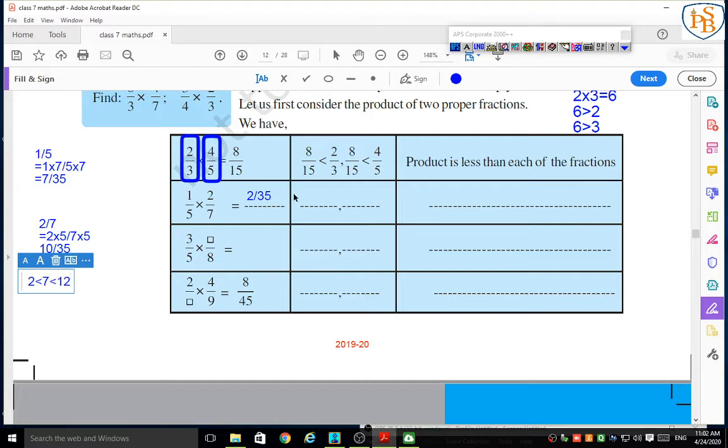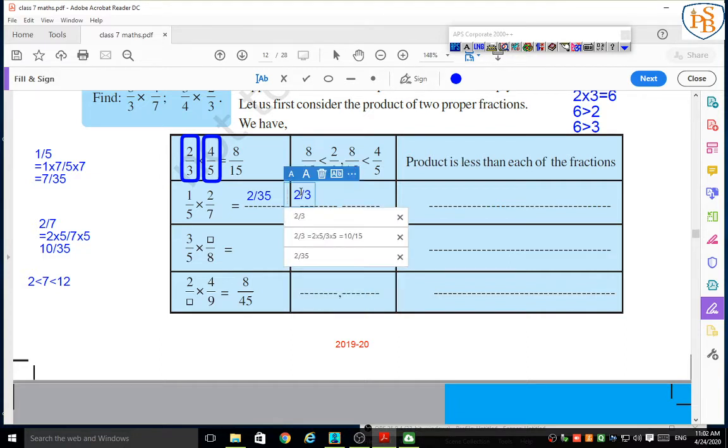So we can write it like this: 2 upon 35 is less than 1 upon 5, because we get the 7 from the fraction 1 upon 5, and this 2 upon 35 is again less than 2 upon 7.